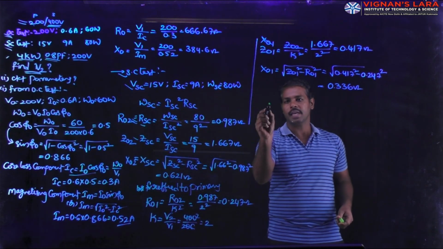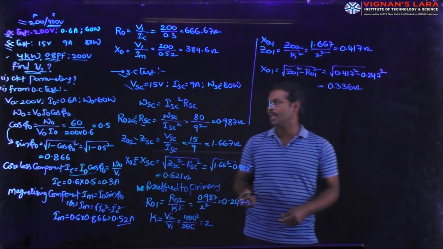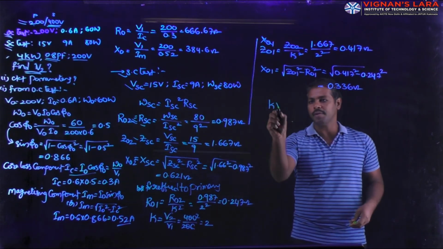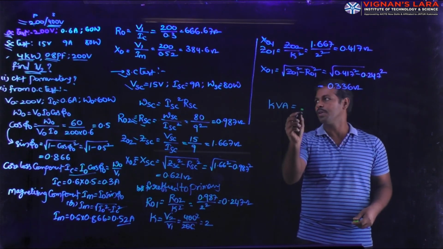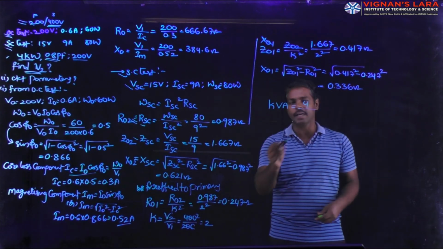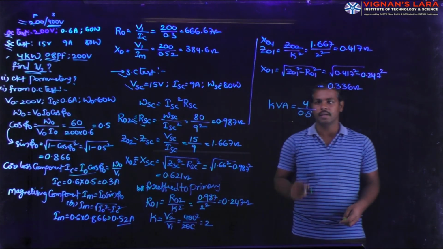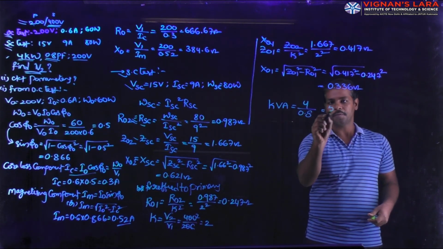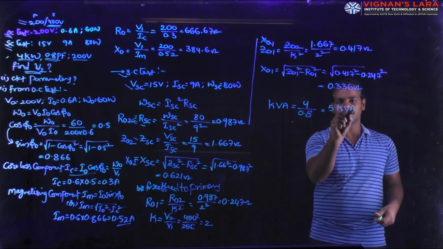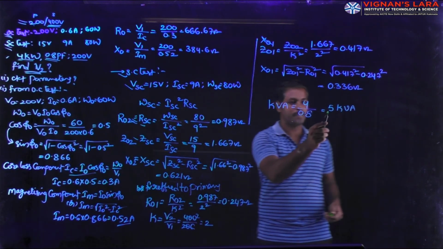Since the load is given in kilowatts, first we find the kVA rating. kVA is equal to 4 divided by the power factor 0.8, which is equal to 5 kVA. So the rating of the transformer is 5 kVA.